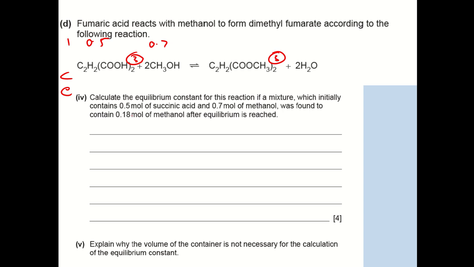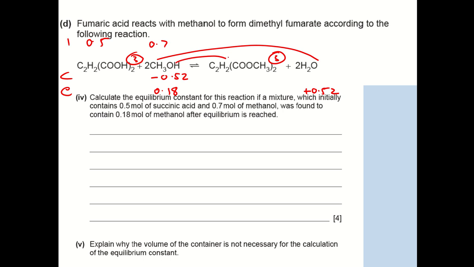So let's say we had at equilibrium 0.18 moles of that left. So we can work out how many moles of that reacted. That's 0.7 minus the 0.18, so the moles of that were minus 0.52. The moles of water that will be made, because it's the 1-to-1 ratio with the methanol, would be that.